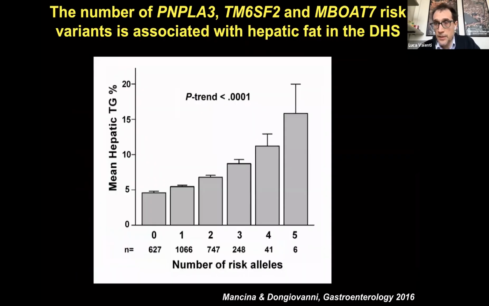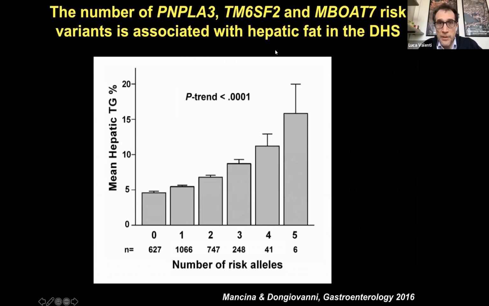As I showed you at the beginning, the identification of the PNPLA3 variant was helpful in developing non-invasive scores able to estimate the prevalence of fatty liver disease at population level, but this was not yet sufficient to develop an accurate score able to discriminate the risk of progressive liver disease at the individual level. But with the identification of new genetic risk variants, we are improving by the day the ability to predict fatty liver disease now.